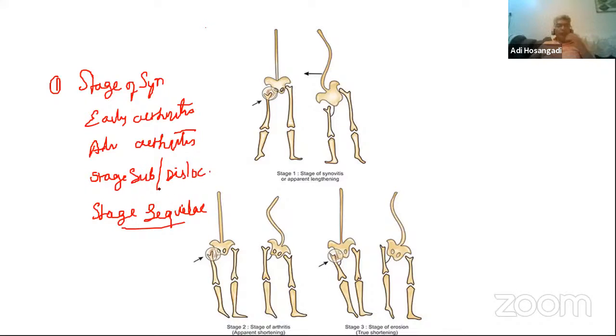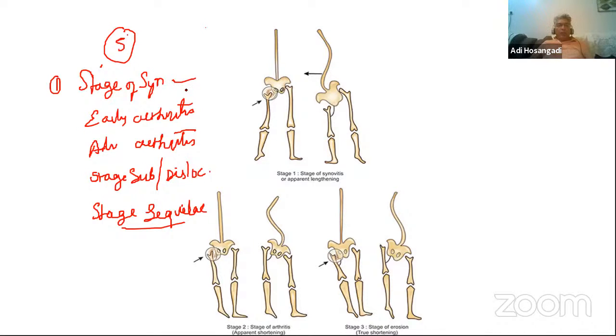This is very, very simple. This is common to any other joint also: stage of synovitis, arthritis and sequelae. But in tuberculosis of hip, please remember these are the stages. These are 5 stages you have to remember.